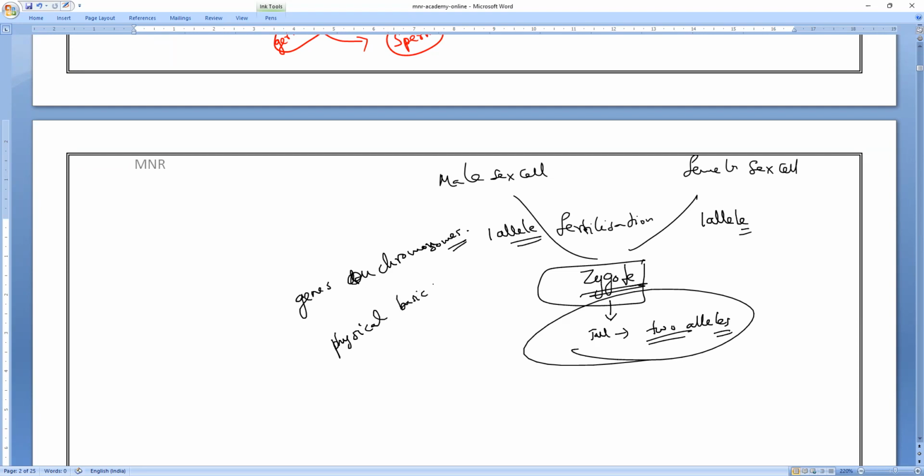That is how we get characters or traits from our parents. Whatever characters you have are from your father and mother. Your father has characters of his mother and his father. Your mother has characteristics of her mother and her father.